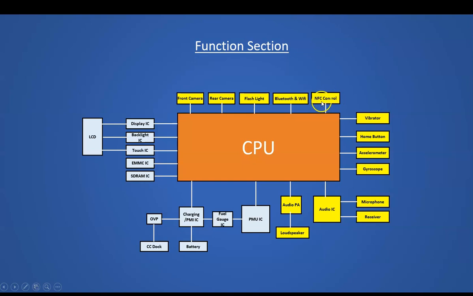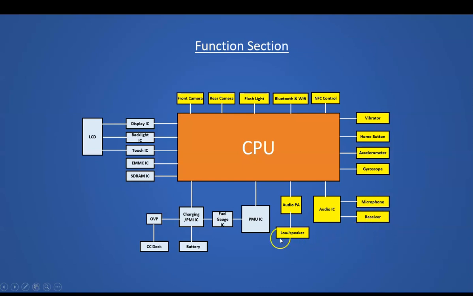Whenever we need them, only then do we activate them. It's the same with the vibrator, home button, and the sensors like the accelerometer and gyroscope. The same goes for the microphone and receiver. When we receive a call or want to record any video or audio, only then do they get activated.